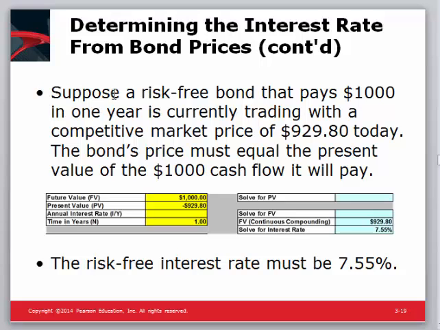Going to the time value spreadsheet, you can see that it costs $929.80, and you're going to get $1,000 in a year. It's a 1-year investment, and the interest rate that this is going to pay is 7.55%. If this is a risk-free bond, then this interest rate must be the rate of return for a risk-free asset.